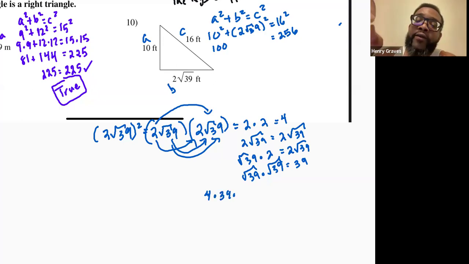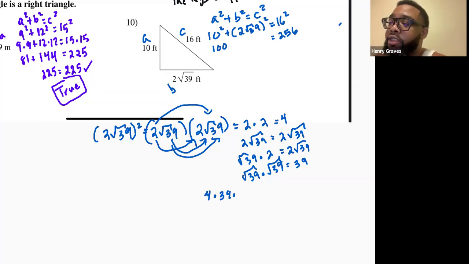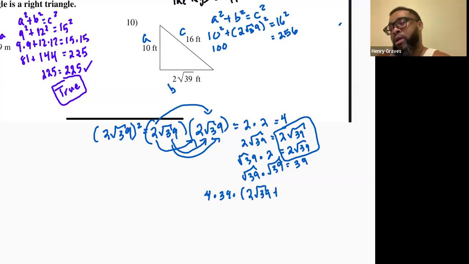Let me go ahead and circle these. These two combined together, that's 2 root 39, 2 root 39. So that's 2 root 39 plus 2 root 39. Okay, that's gonna be 4 root 39.